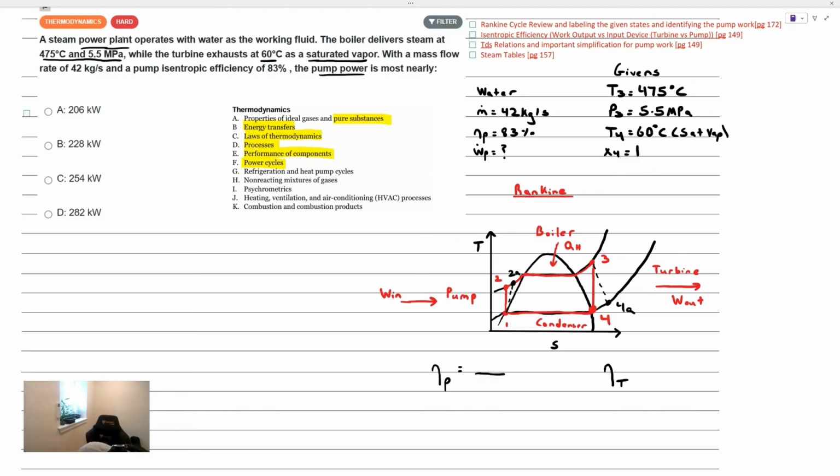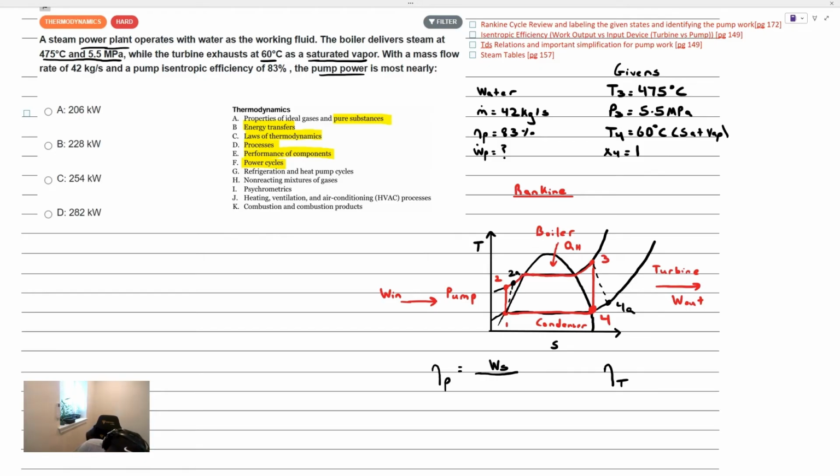So for a pump, a work input device, what would be the best possible work input device? The best possible one would be the one where I need to input the minimum amount of power. That is W sub S, the best possible kind of work input device or pump.